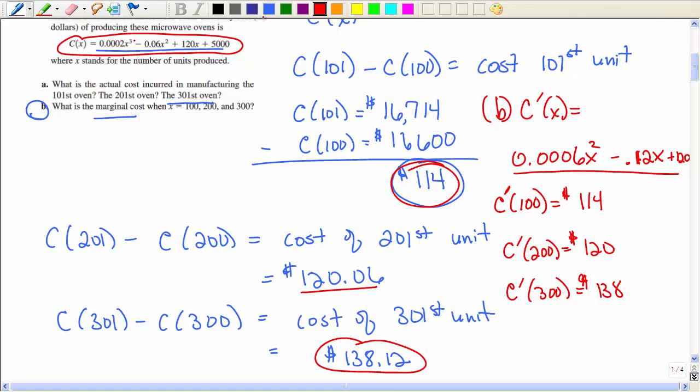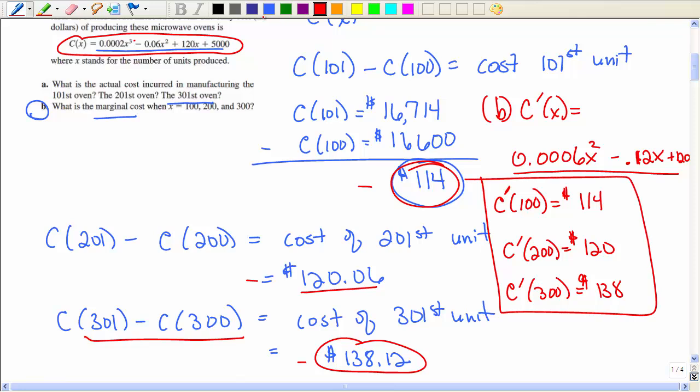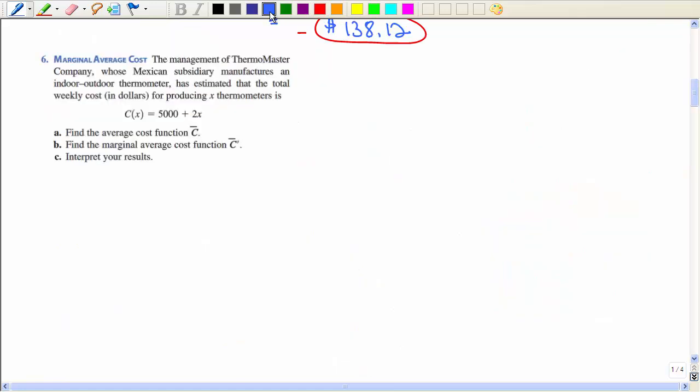We're comparing the actual cost of the 101st unit, the 201st, and the 301st by taking the difference of those costs. This, we're getting the average rate of change at 100, 200, and 300, or the slope of that curve at those particular points.